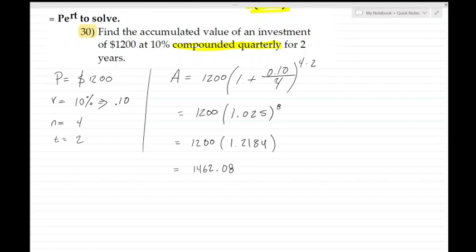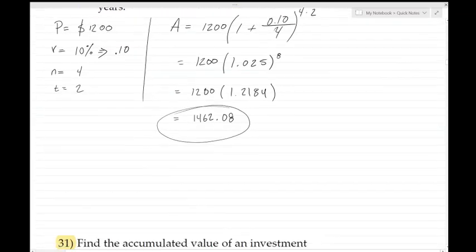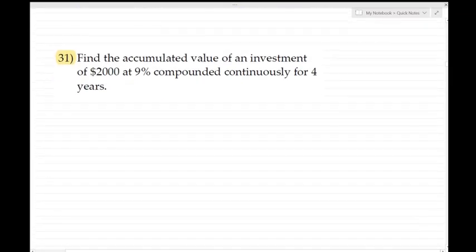I feel like that's a good answer. Round to the nearest cent, and I didn't lose too much accuracy since I didn't round off too much at every step.